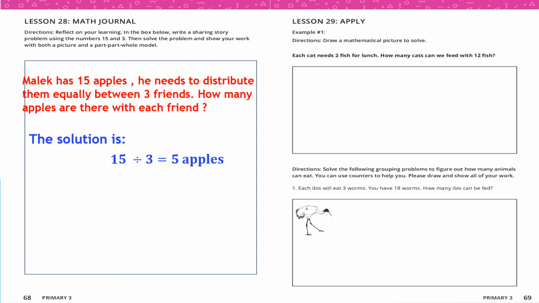So how many cats will we have? We can feed 12 divided by 2. We have 6 cats. We want to divide the 12 fish equally, so there are 6 cats.